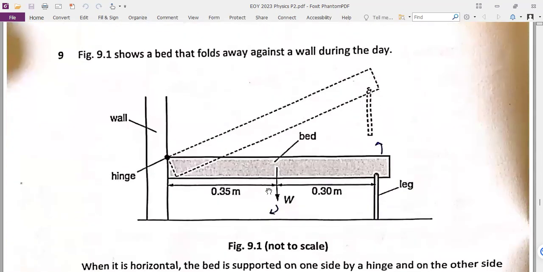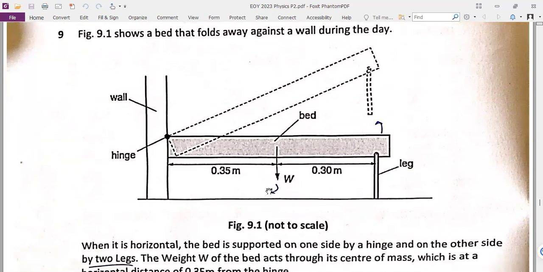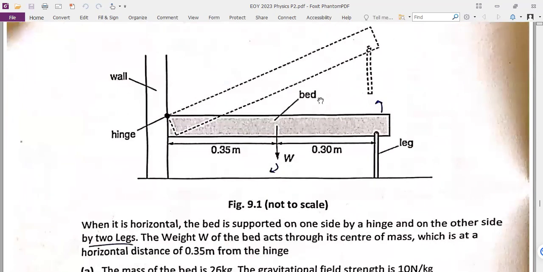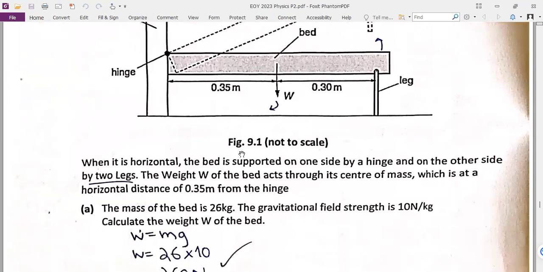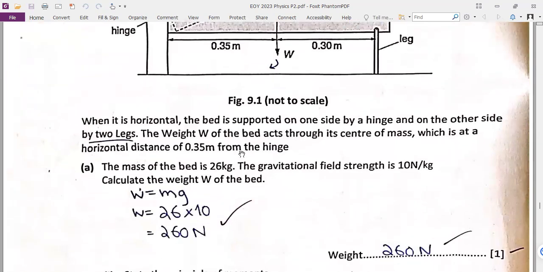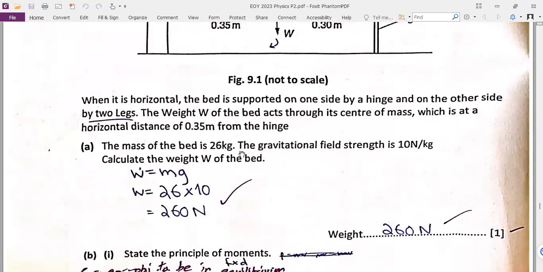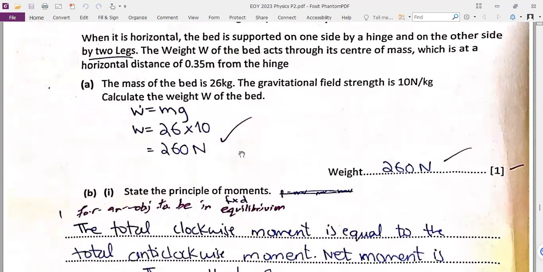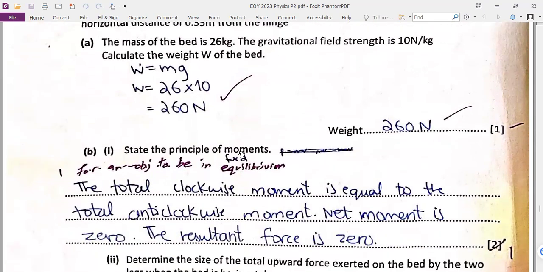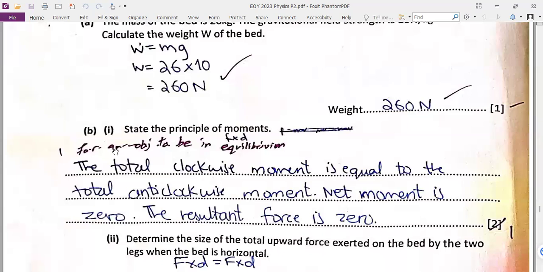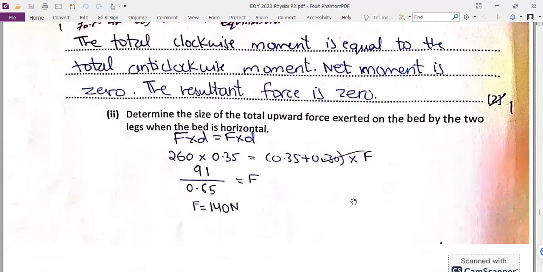Again, a moment question. So here we have a bed, and we have the weight, and we have all these measurements. Calculate the weight. Very nice, very easy calculation. The principle of moments gets 1 mark because for an object to be in equilibrium, that is 1 mark, and clockwise moment equals anti-clockwise moment, 2nd mark.